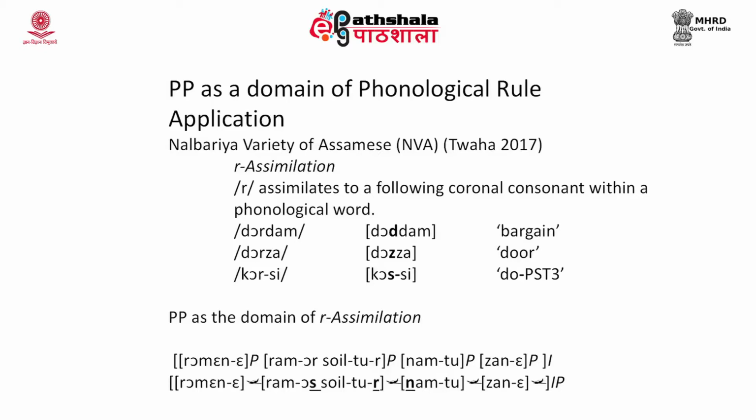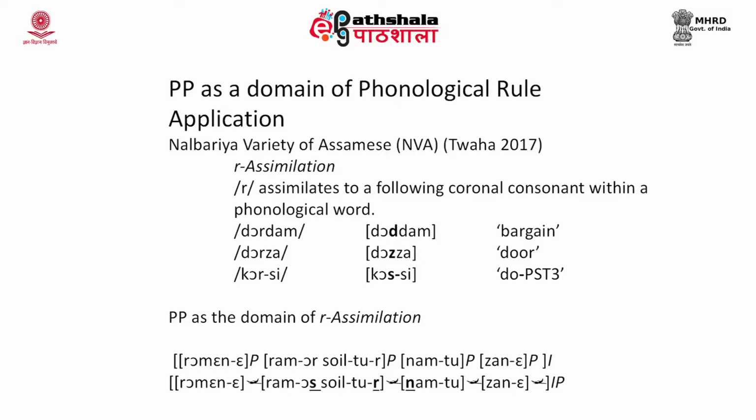The point about this rule is that we simply say ra assimilates to a following coronal consonant.